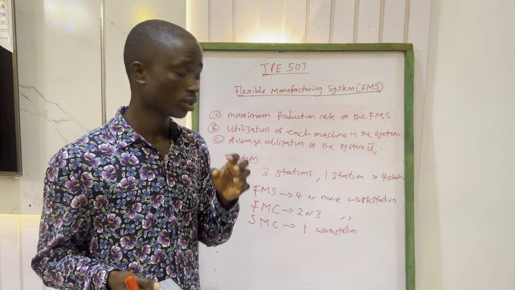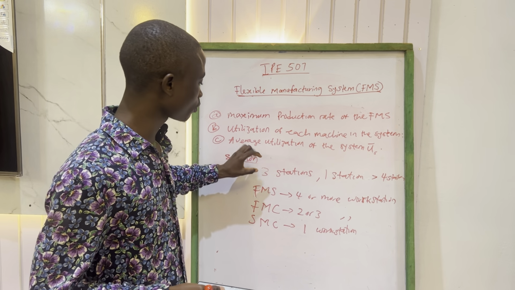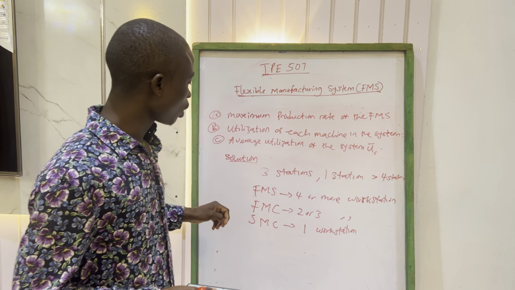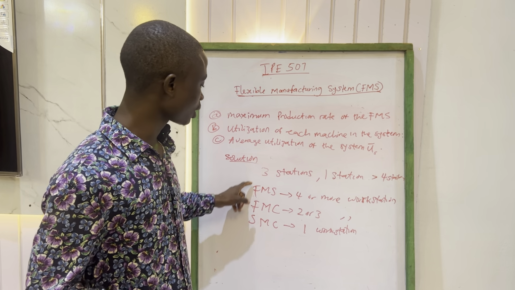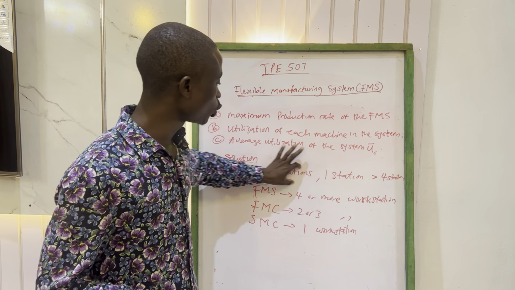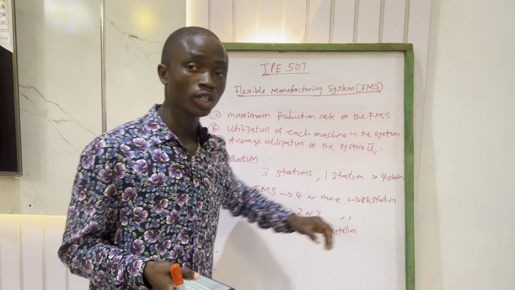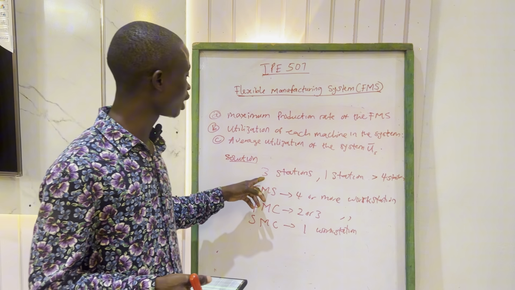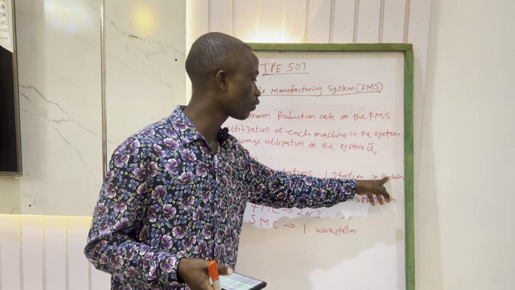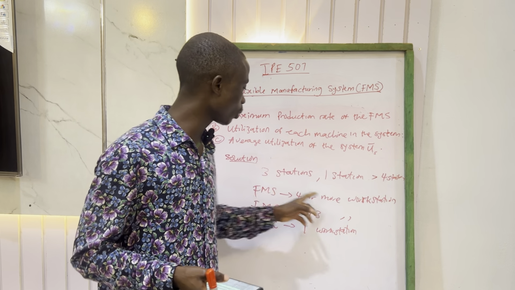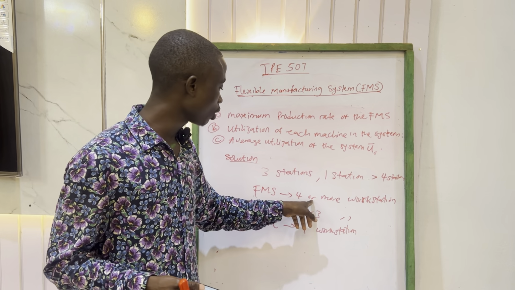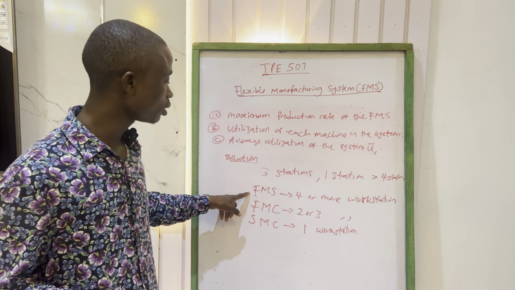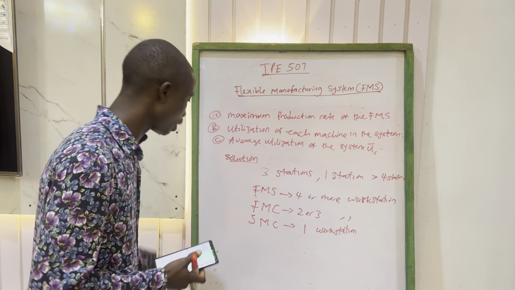Having understood this, which type of system do we have in this question? We say it is a flexible manufacturing system. Of course, you can see that we have 3 stations here plus 1 station, which makes 4 stations, and when we have 4 stations, we call it a flexible manufacturing system. We can also have FMC and SMC.